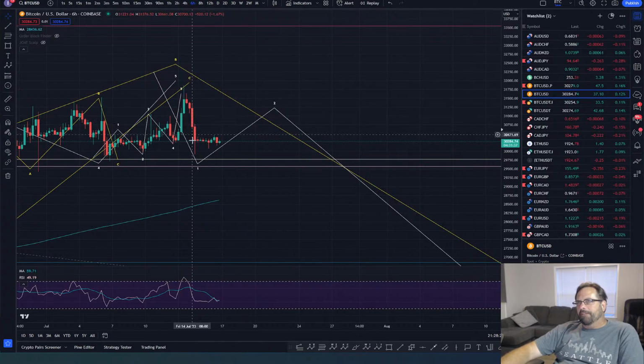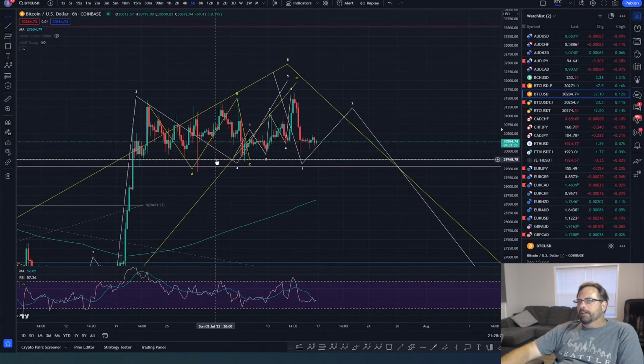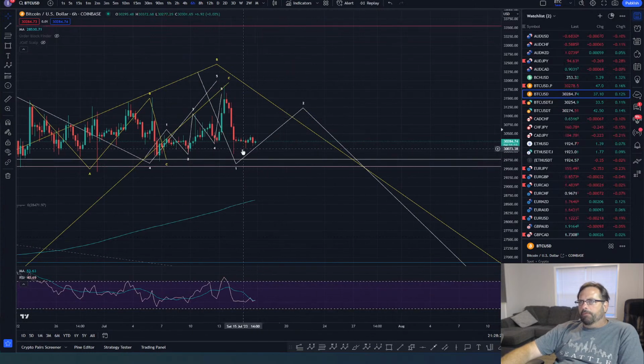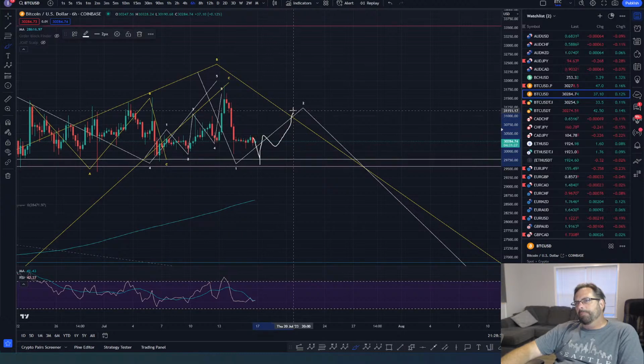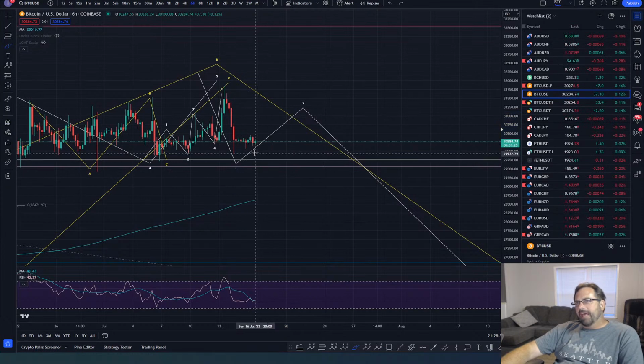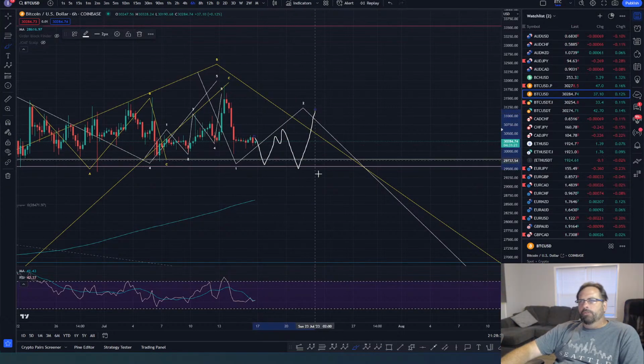So if this was a finished move to the downside, then we're looking for 3 waves to the upside. We could get some kind of spike to the low and then a 3-wave move back to the upside, and usually that will come in the form of an expanded flat. In other words, they're going to work this level for a little while, for several days into a week.